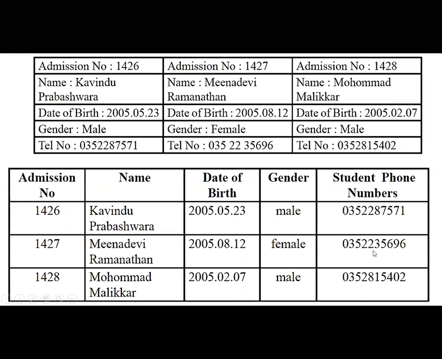Then the third one we have 1428 Muhammad, with his birthday, male, and the student telephone number. So now we can say this is a student table, or the student information table, right?